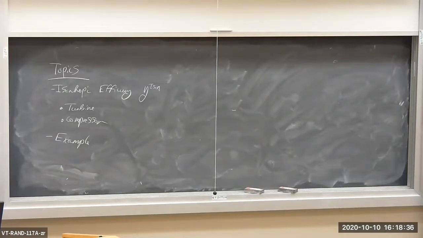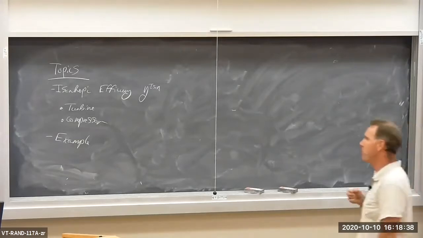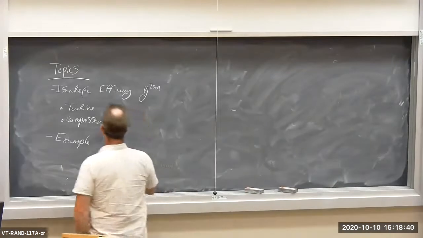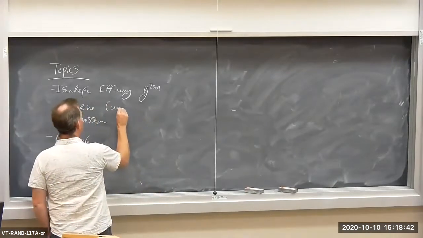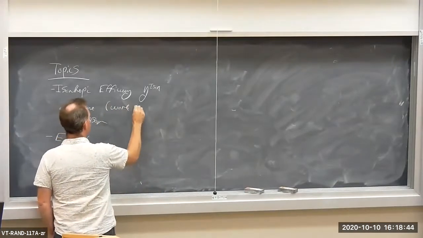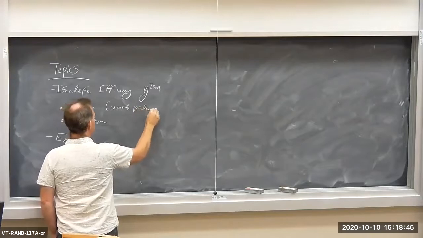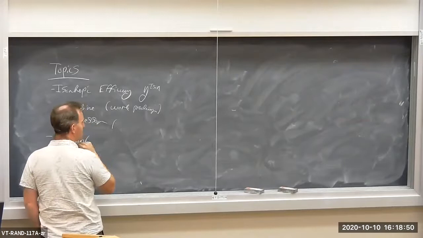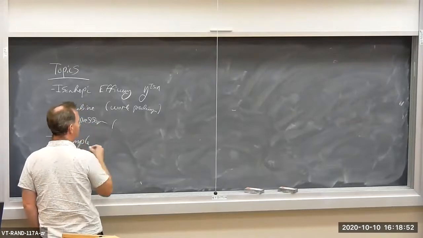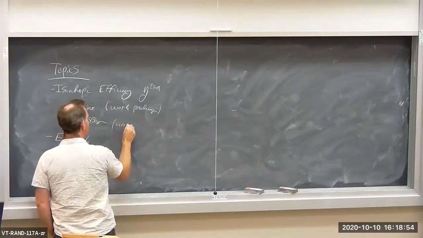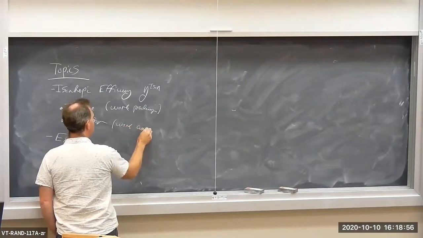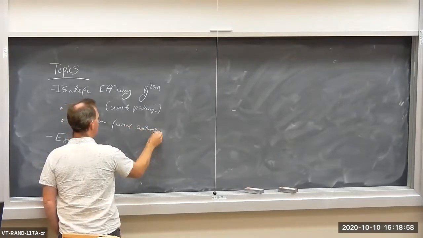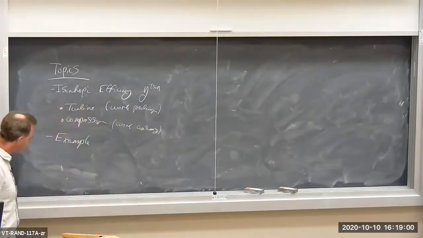So we'll define isentropic efficiency for a work-producing device, a turbine. So remember, turbines are work-producing. And we'll also derive an expression for isentropic efficiency for a compressor, which is a work-consuming device.